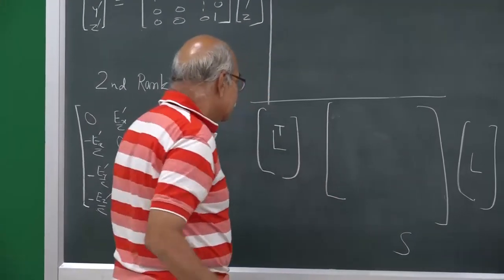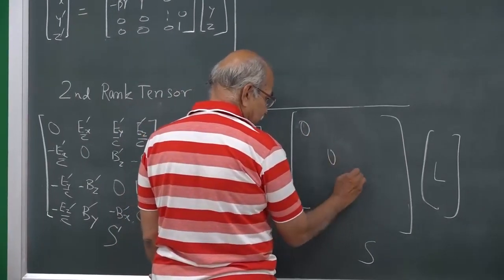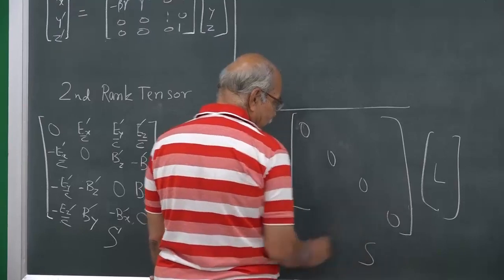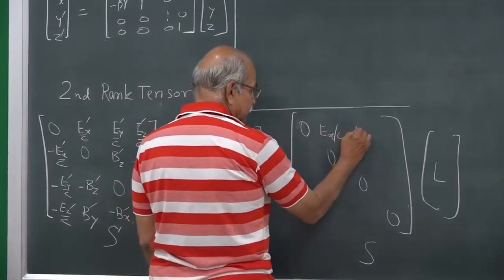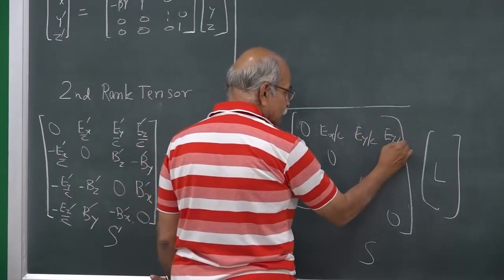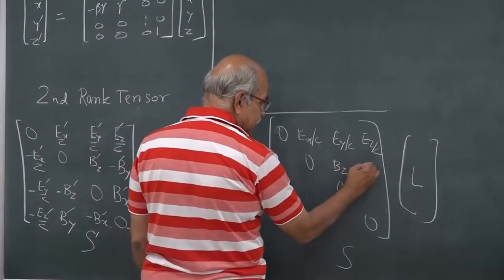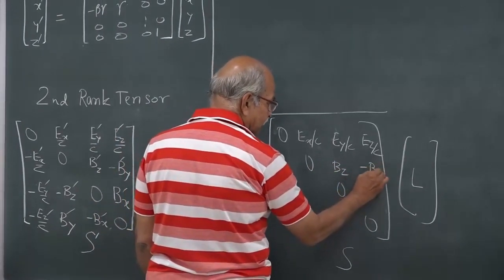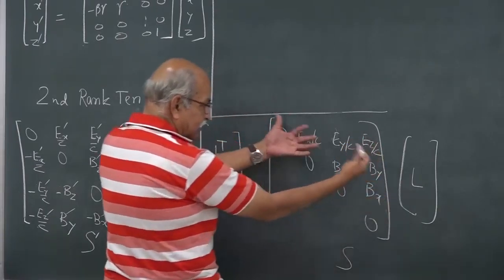Once again, it is 0 here, then 0 here, then 0 here and 0 here. Here you have Ex by C, then Ey by C, and then Ez by C here. Then you have Bz here, and this component is minus By, and then you have Bx here. So, that is this half, and then reflect.